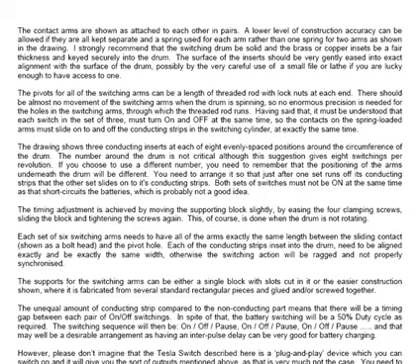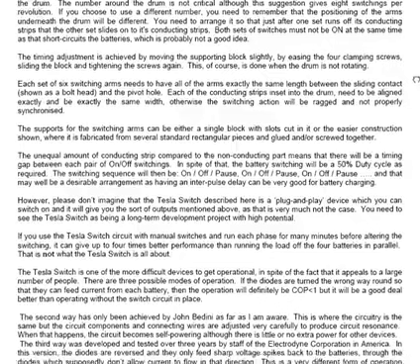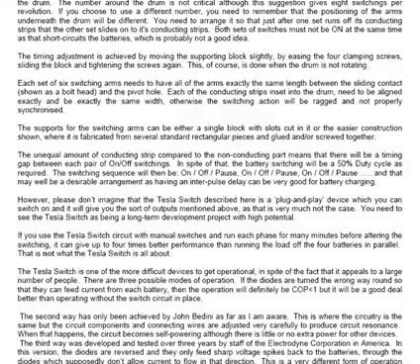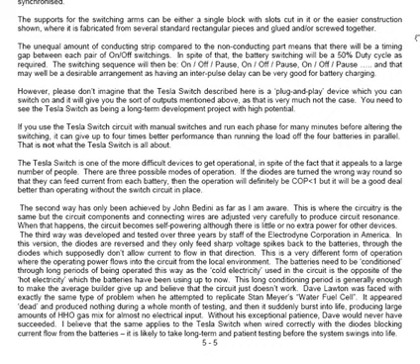In spite of that, the battery switching will be a 50% duty cycle as required. The switching sequence will then be on, off, pause, on, off, pause, on, off, pause, and that may well be a desirable arrangement, as having an interpulse delay can be very good for battery charging.